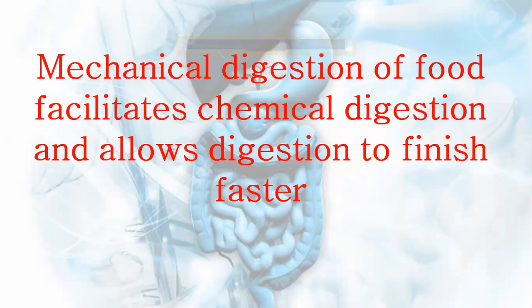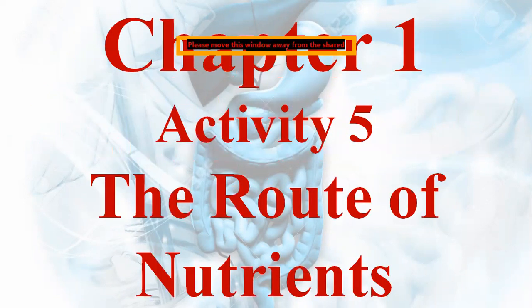Whenever you eat a small piece of meat, it will be digested faster than eating a large piece of meat. Why? Because mechanical digestion facilitates the chemical and allows digestion to finish faster.